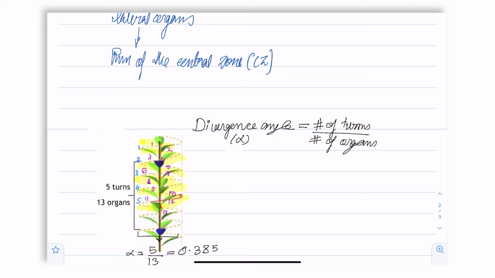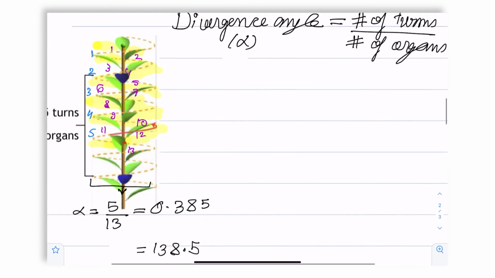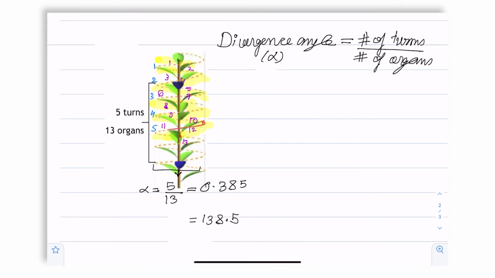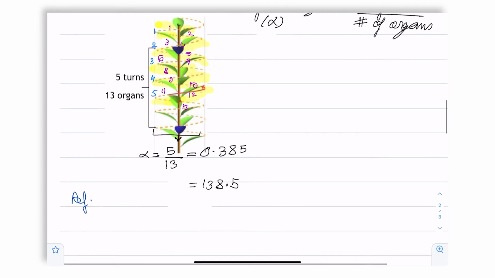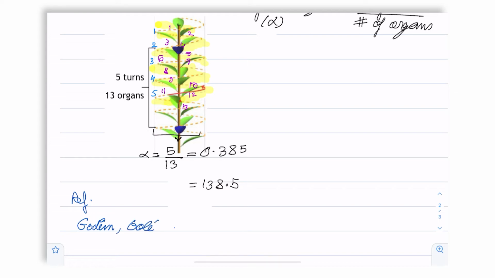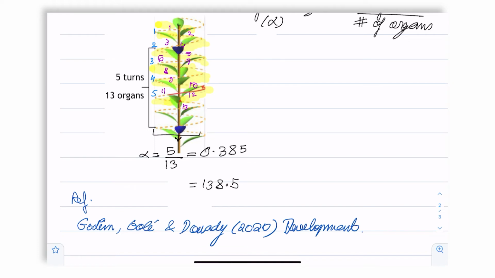One way to calculate this is to take this example that we have taken here from the paper of Godin, Golé, and Douady from 2020 in the journal Development, where they have reviewed the theories and geometric ideas that explain this process.